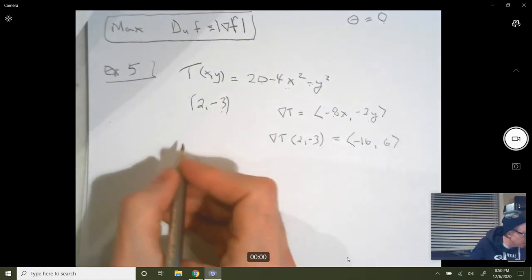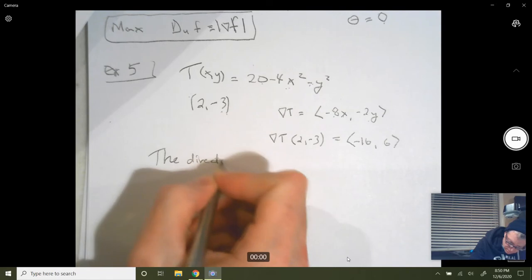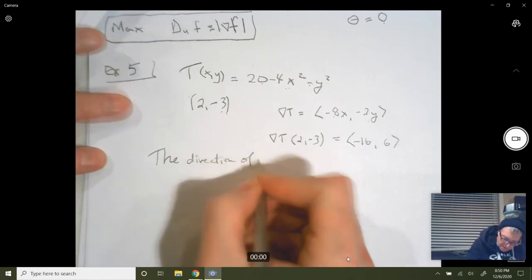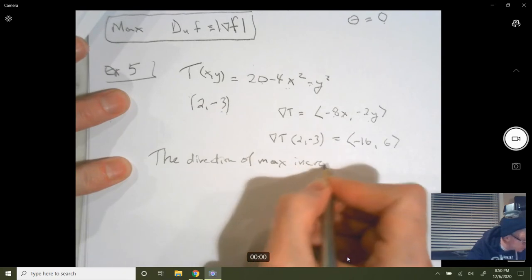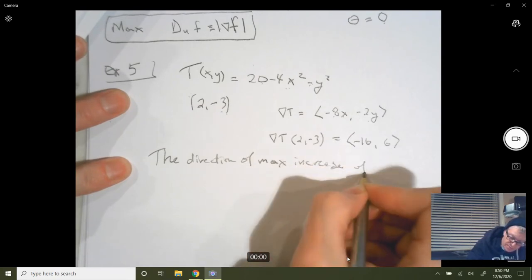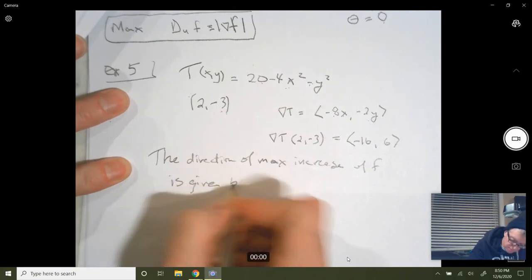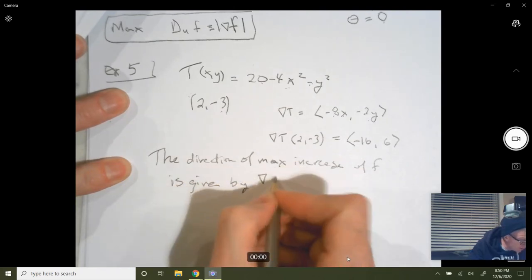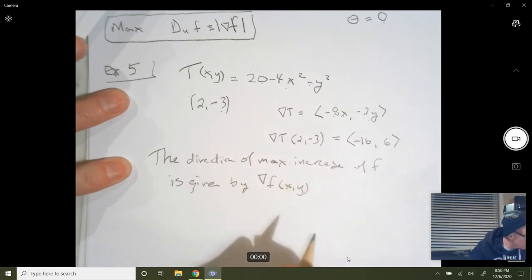The direction of maximum increase of f is given by the gradient of f of x, y, or x, y, z.